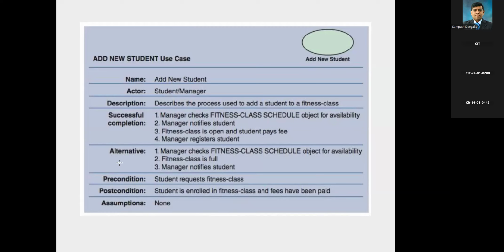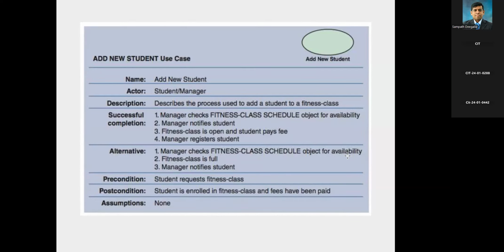Now, there's an alternative. You check the fitness class and the fitness class is full, which means you are not going to add the new student because there's no availability in the fitness class. That's what we call an alternative. Next you can have preconditions. To execute this add new student use case, first the student should request the fitness class.